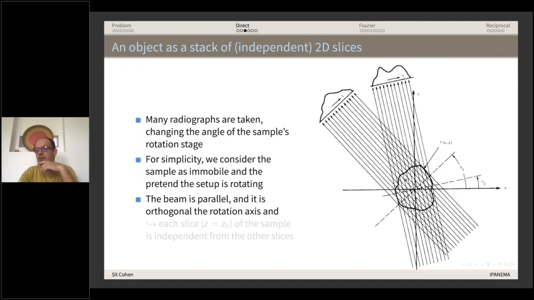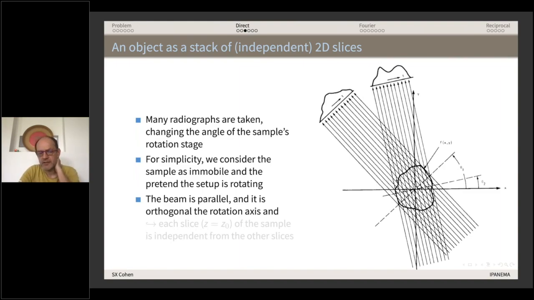If the rotation axis is perpendicular to the beam, then the part of the sample depicted here stays in this plane, and it is the only part of the sample which will ever be in this plane during the whole experiment. That means I can treat every single plane as totally independent from the others.